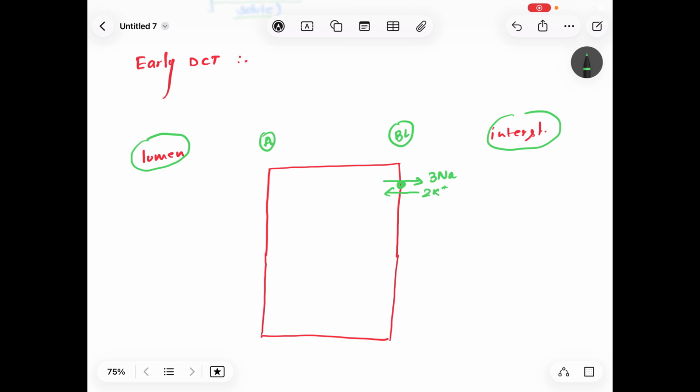Again, this creates a gradient inside the cell. So down this gradient, one sodium and one chloride move inside the cell using this symporter. Since this chloride came in against the gradient, it will diffuse out.